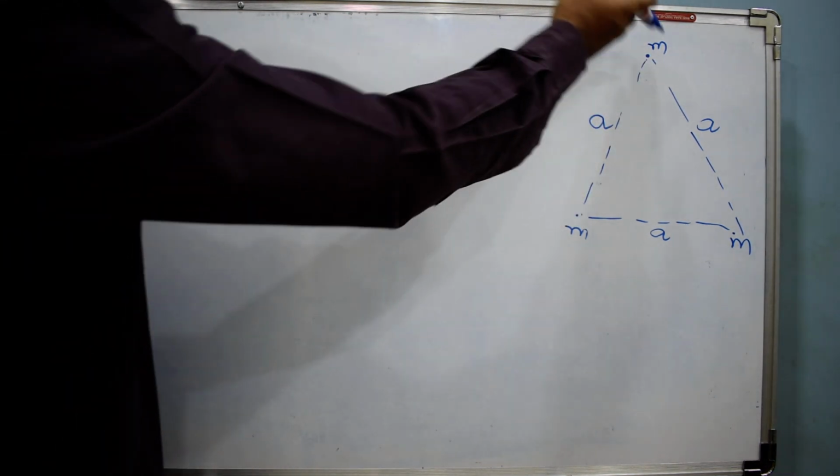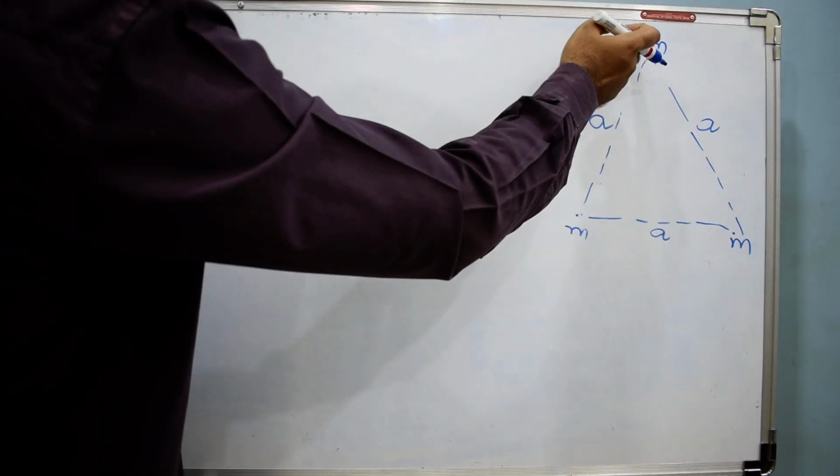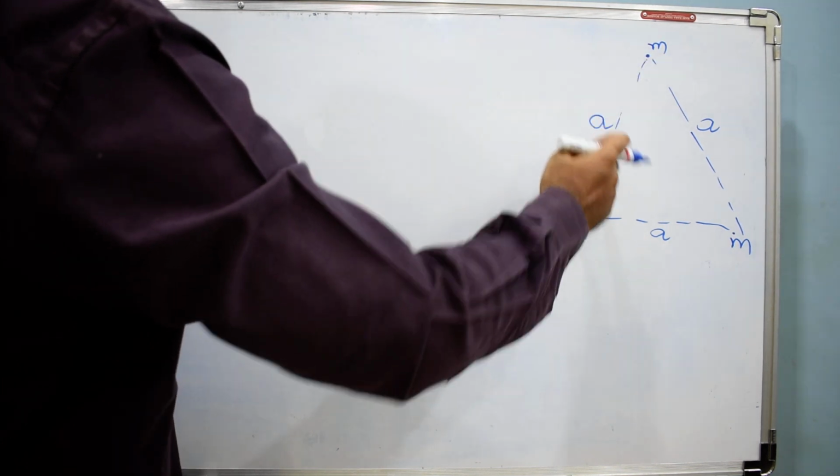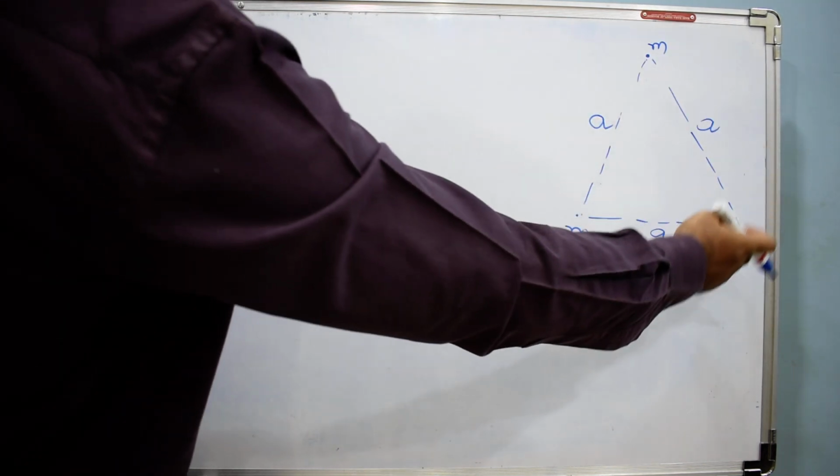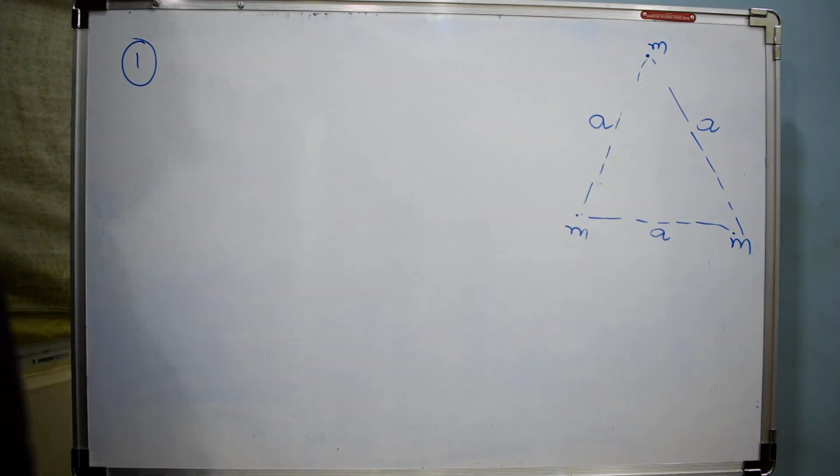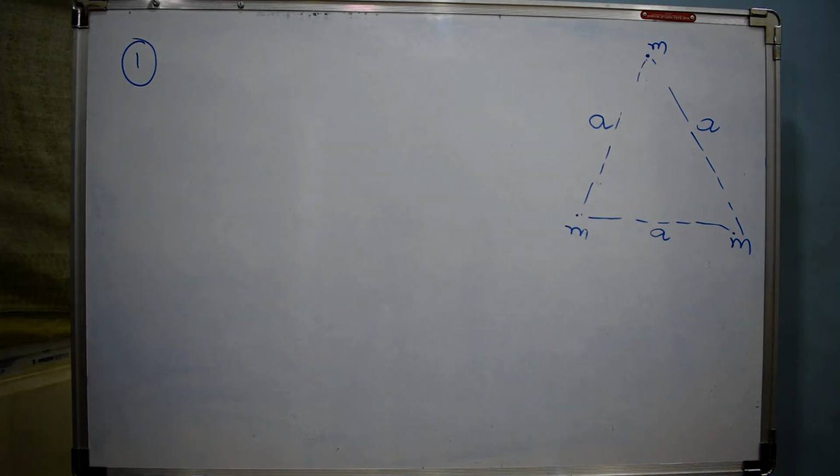Similarly, if I take this mass, it experiences a force due to this mass and also due to this mass in this direction. So each mass in this situation experiences force due to the remaining two masses.